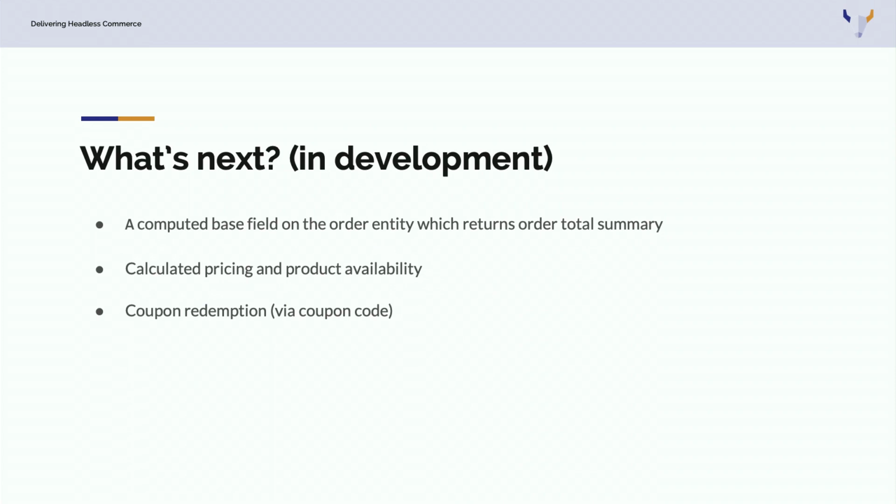In development, this is the technical part, the computed base fields that just say, this isn't stored in the database, but when you fetch me, we're going to run something and give you the data. This gives you the order total, adjustments, resolved pricing, so that comes into the dynamic pricing aspects. And then coupon redemption. What I showed, you would have to apply it with that coupon ID. I want to find a way that you can actually give that coupon code and apply it without needing a custom REST endpoint. So that way JSON API and GraphQL can use it.